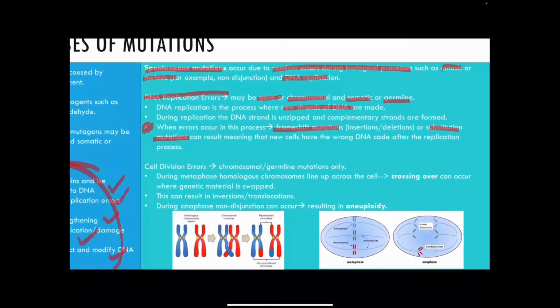Now, with our cell division errors, or meiosis and mitosis, we can only have chromosomal or germline mutations occurring. So cell division errors can't occur in body cells or at the gene level. During metaphase, normally we've got homologous chromosomes lining up across the cell, and we have crossing over occurring, which is where genetic material is swapped.